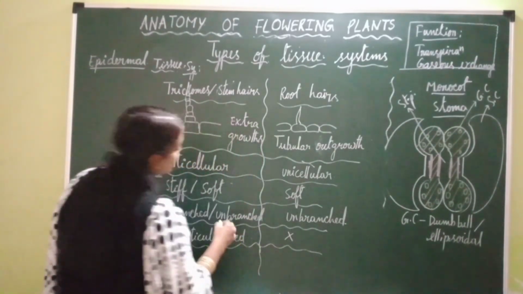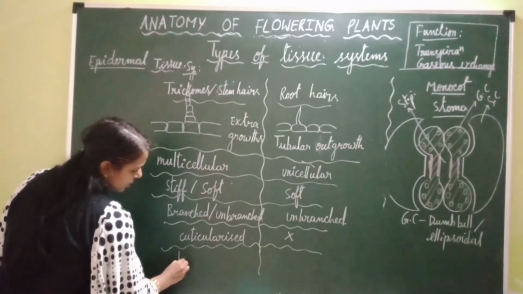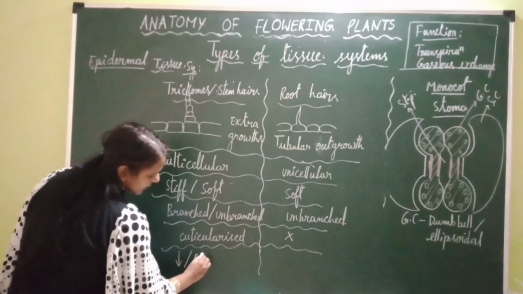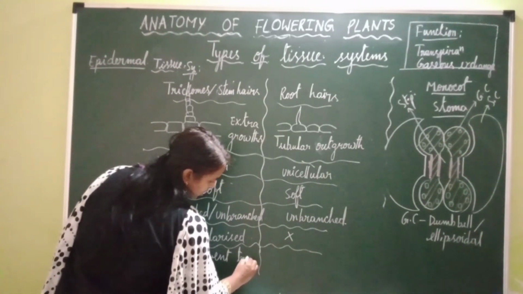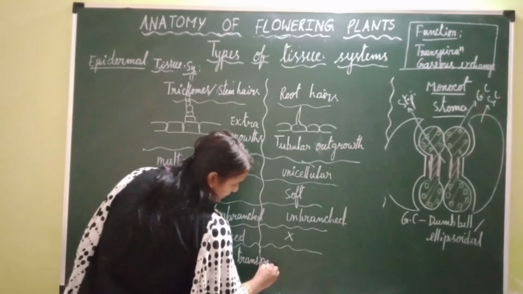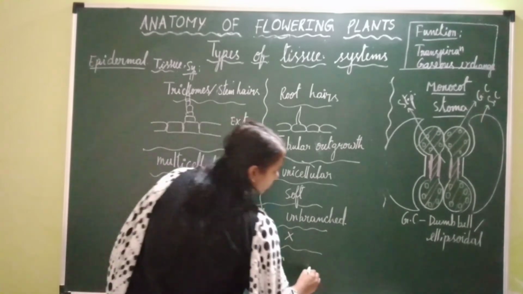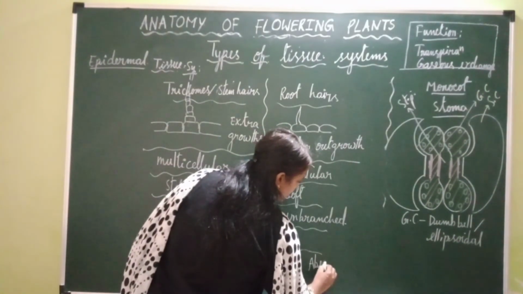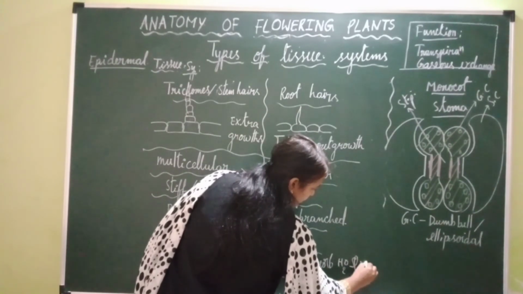What is the function of trichomes? To reduce the rate of transpiration, that is, to prevent loss of water. Whereas the function of root hairs is to absorb water and minerals from soil.